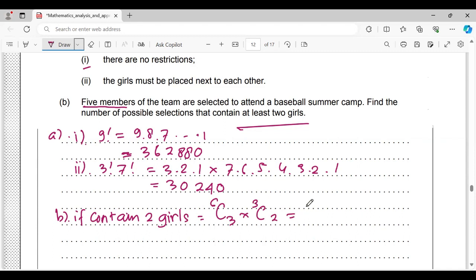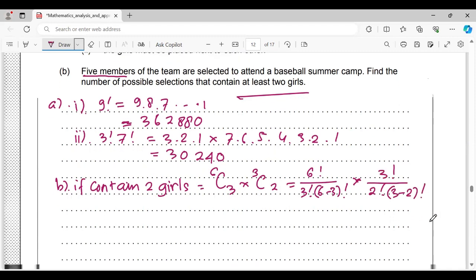So it becomes 6 factorial over 3 factorial times (6 minus 3) factorial, times 3 factorial over 2 factorial times (3 minus 2) factorial.